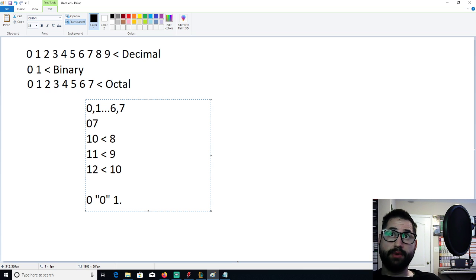Whatever's in this last column, in quotes, is always going to be multiplied by 1. It doesn't matter what system you're using. If you're using a decimal system, you multiply the first one by 1, which is itself, and in binary, you multiply the 1 that's here by 1, which is itself, and in octal, it's the same thing.